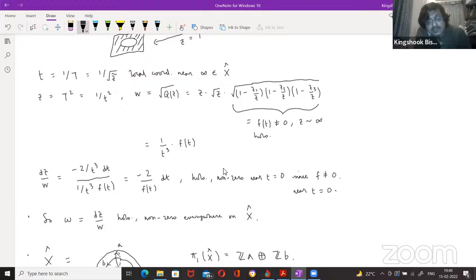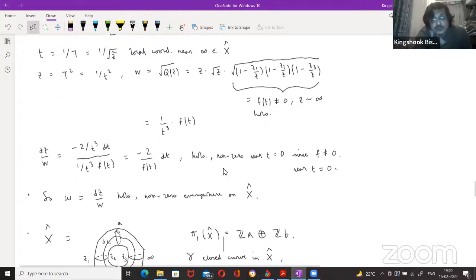So that means this differential form is therefore holomorphic, because it's a holomorphic function times dt, where t is a local coordinate. And it's also non-zero, since f is non-zero near t equal to 0. So what do we get?